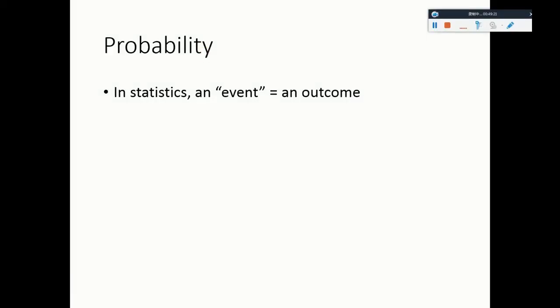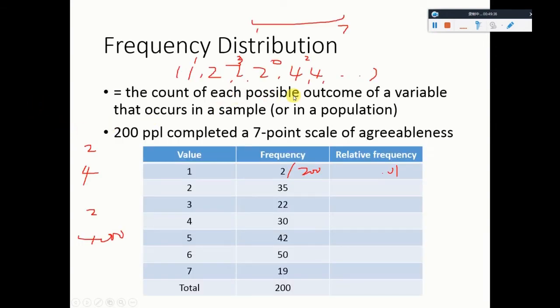So probability is a very special concept in statistics, and we have our own terminology to describe this concept. Previously we said frequency describes how often an outcome occurs.